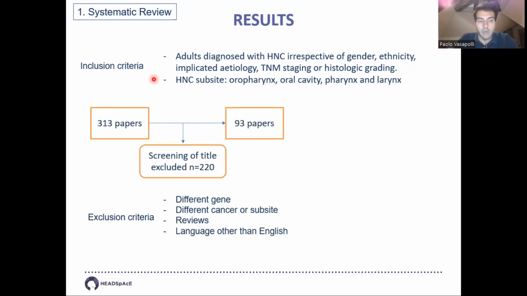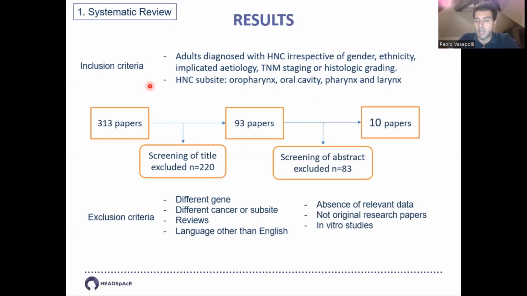We obtained 313 papers, which were firstly screened for their titles, discarding 220 of them, and then the 93 remaining were screened for their abstract, and 83 of them were excluded.